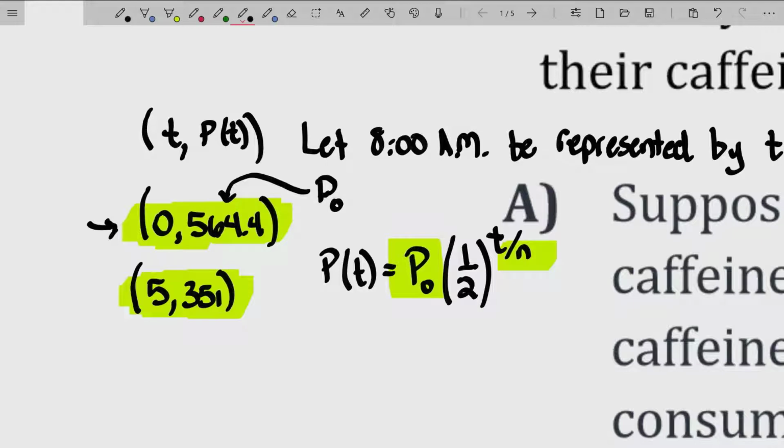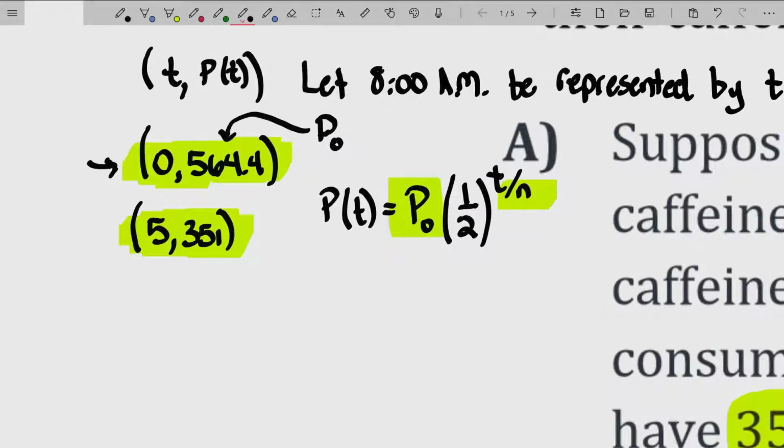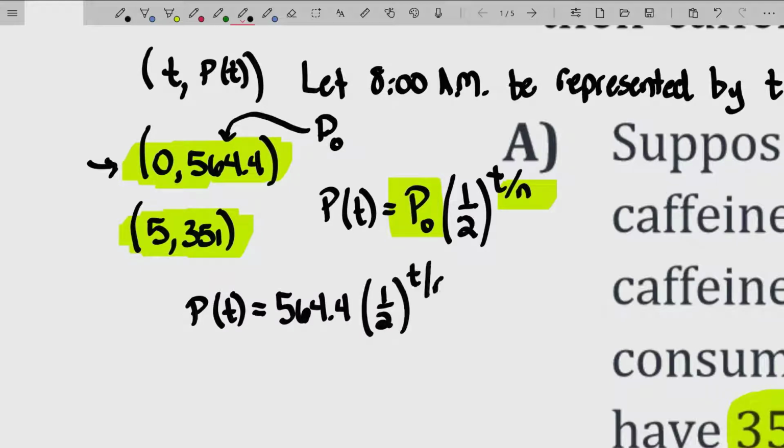At time 0, this person has 564.4 milligrams of caffeine in their system. That is their initial population of caffeine at time 0. I don't need to substitute that into our equation. It's just naturally understandable. So 564.4 times 1/2 raised to the t over n power.